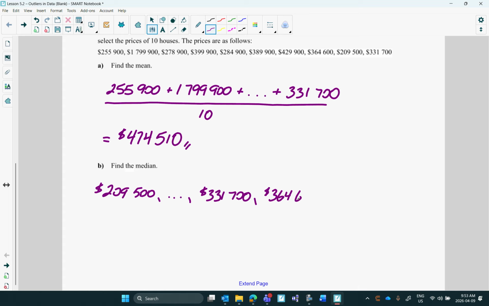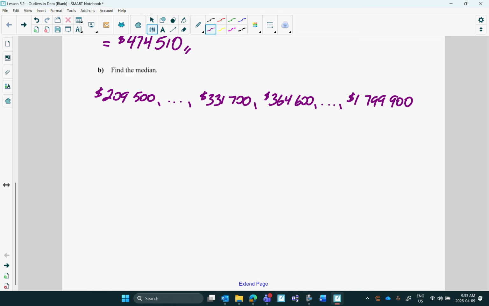And then we keep listing them until we get to the largest, which is that over $1 million home, almost $2 million. So we would list them lowest to highest. These are the two numbers in the middle.